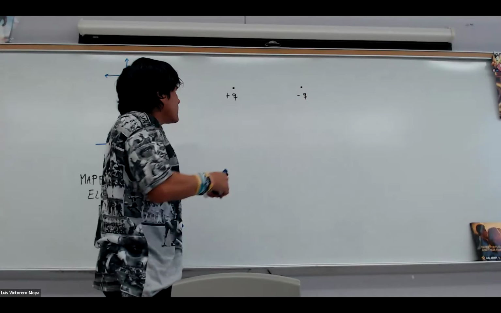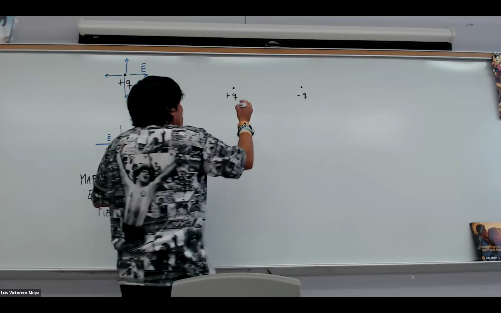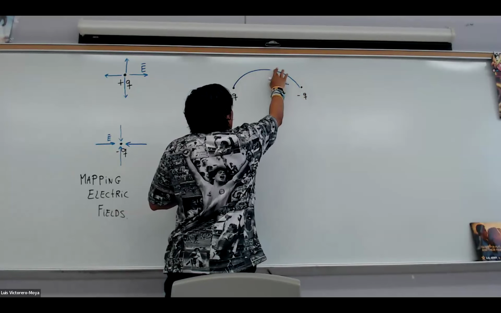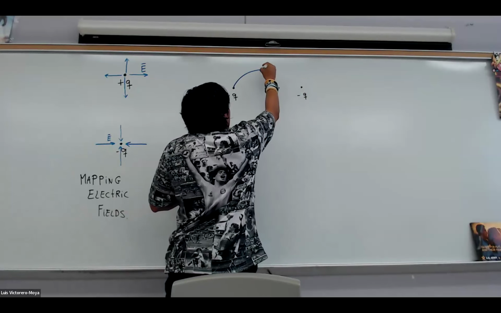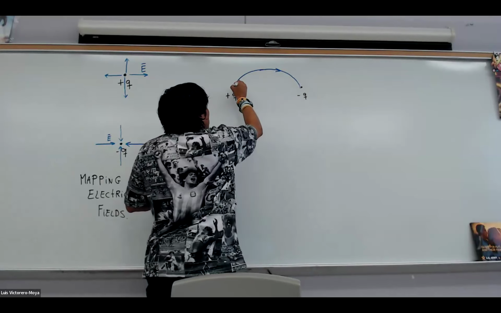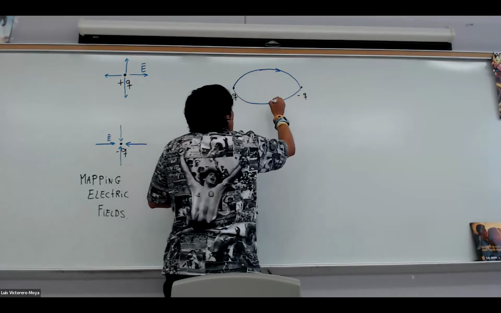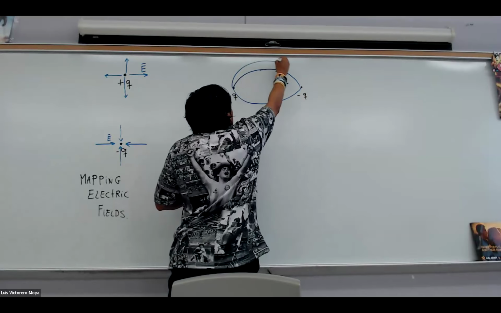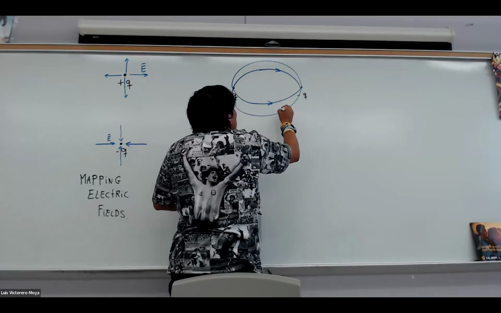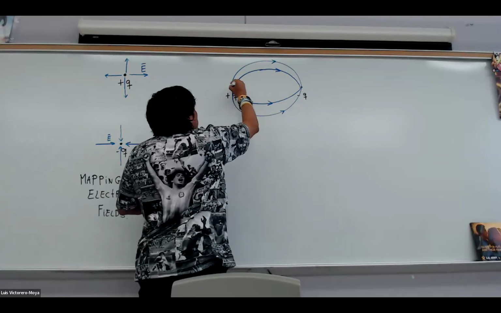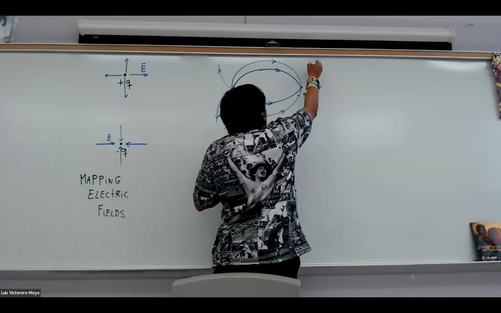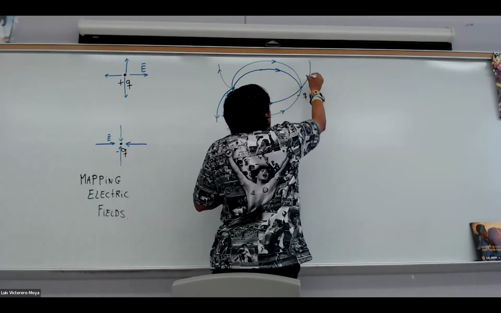right? The amount of lines leaving the positive, if it's 1, at least 1, and then 2, and then I can do another one, 3, 4, and then 5, 6, then also 5 and 6.